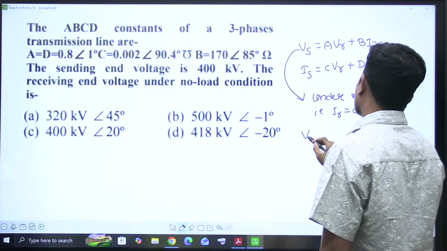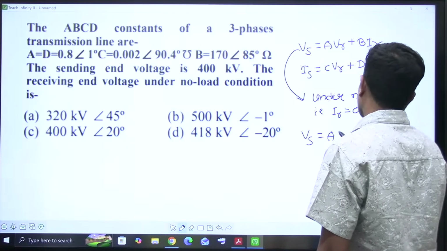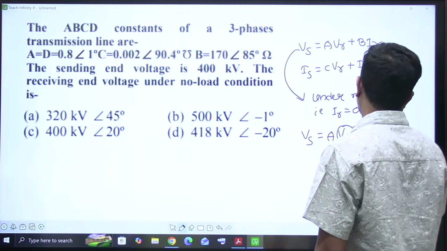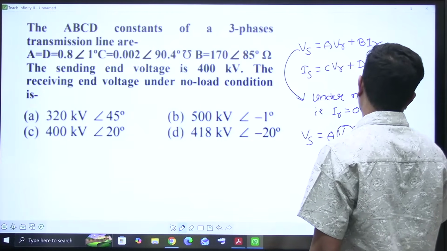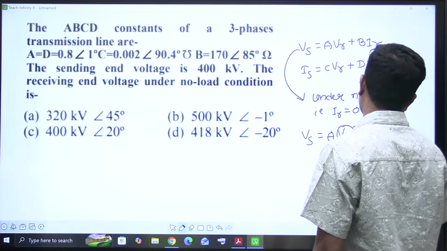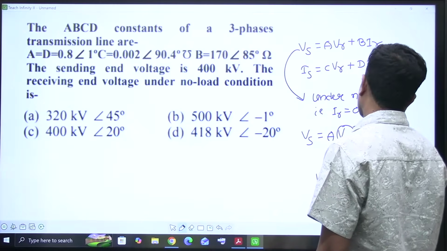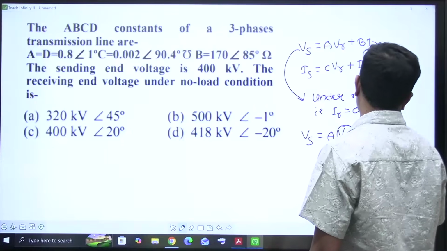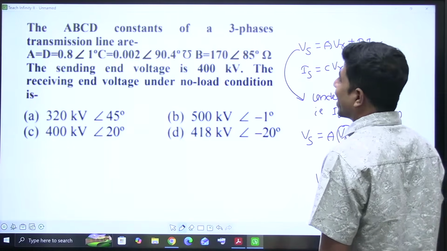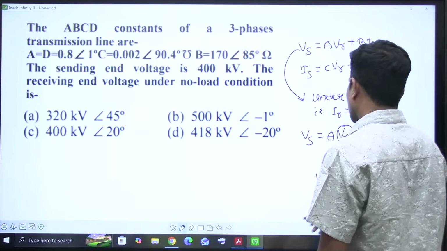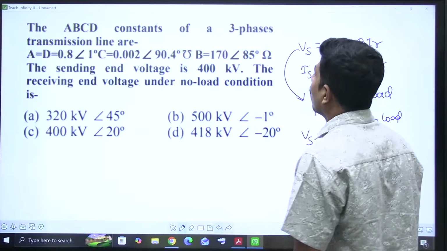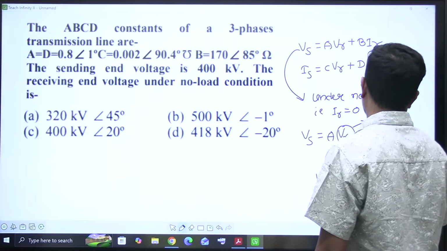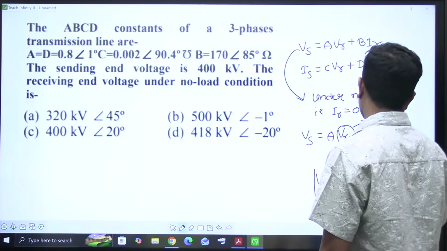What do you get? Vs is equal to A VR0, where VR0 stands for the no-load receiving end voltage. So VR0 is equal to Vs by A. What is Vs given by him? 400. 400 divided by the magnitude of A. All magnitudes only we have to take.